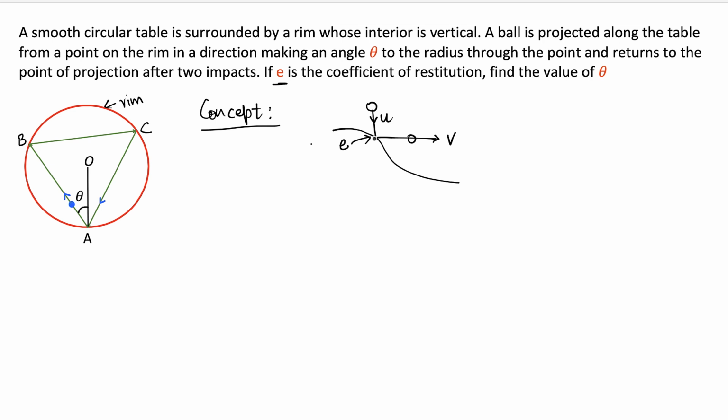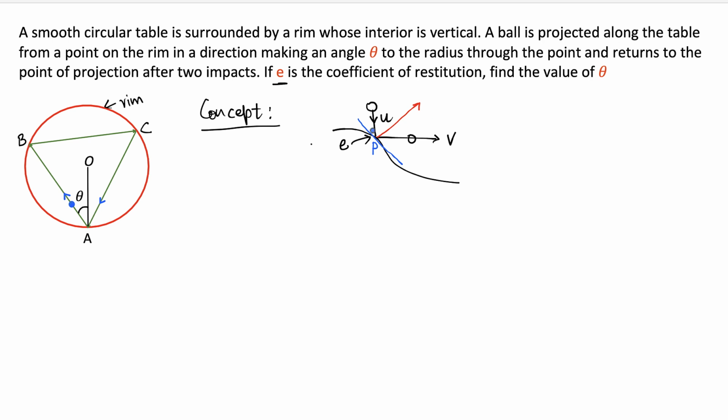So this is something that we do using Newton's experimental law. And what you need to remember here is you have to take the normal at that point. So first of all, take the tangent, let's say at this point P. Then take the normal, normal to the tangent.